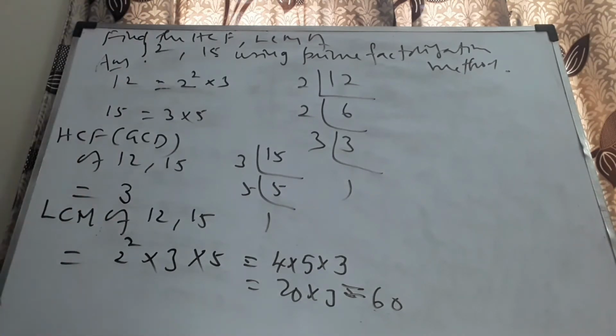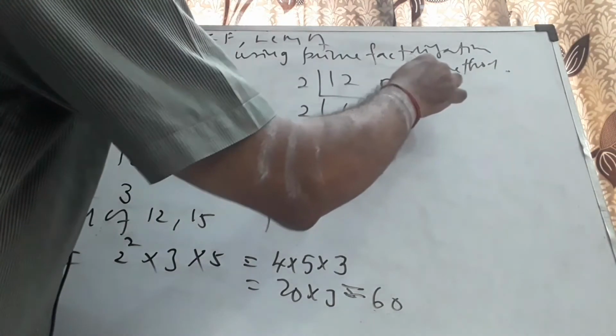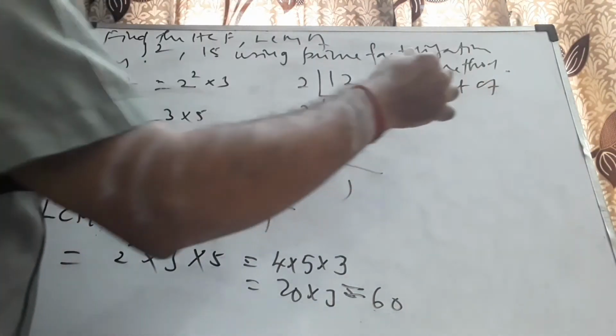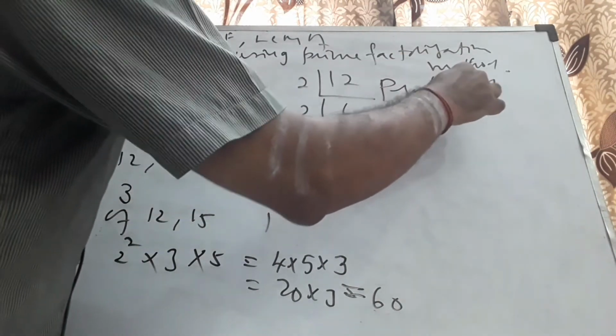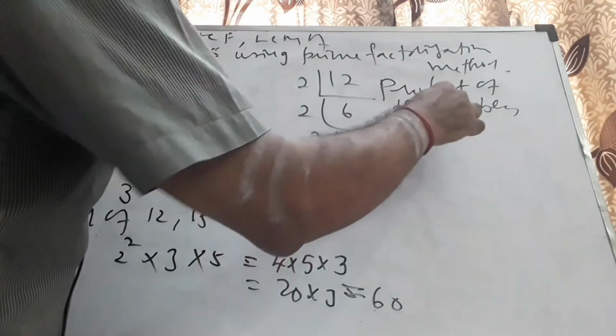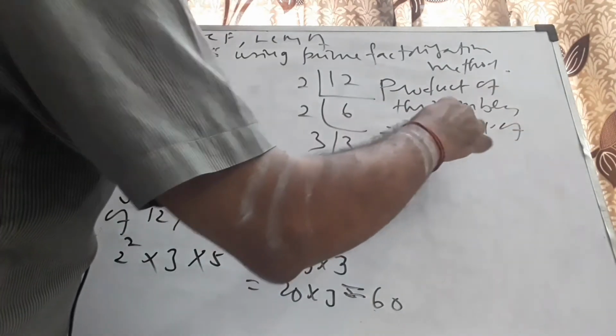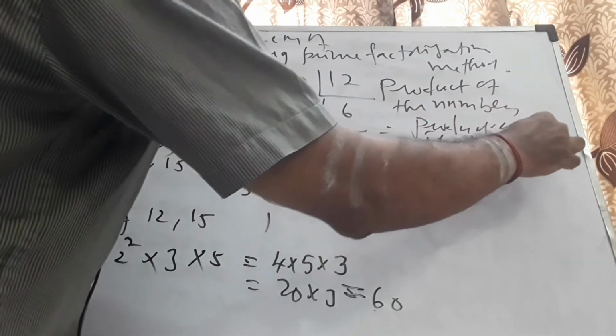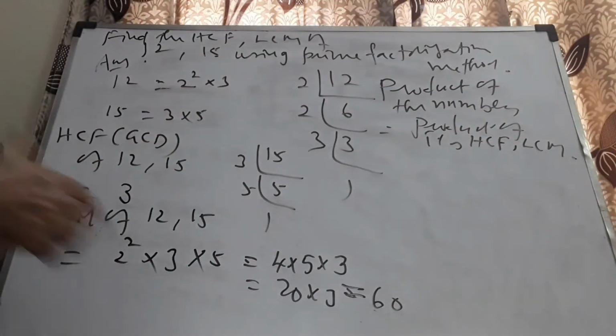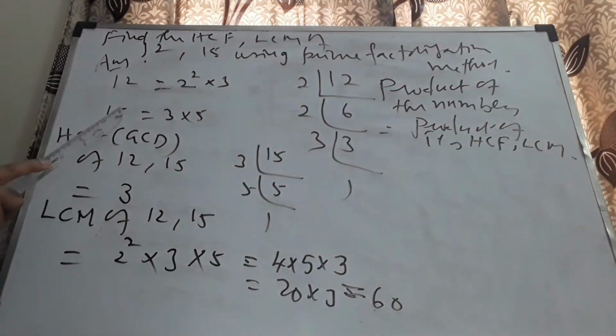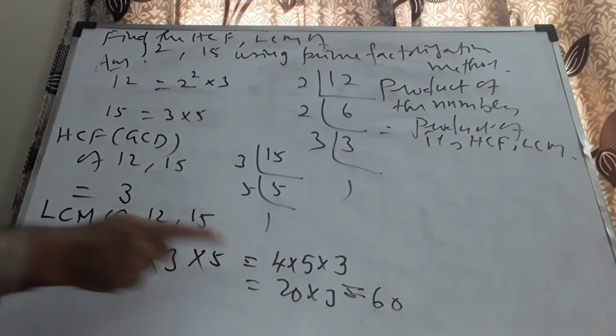And you have one more rule. Whenever you are trying to find the HCF and LCM of two numbers, there is a standard rule, true for any two numbers: the product of the numbers is equal to the product of their HCF and LCM. You can verify it here. 12 into 15, the product of the numbers, is 180. The product of HCF and LCM, 3 into 60, is 180.